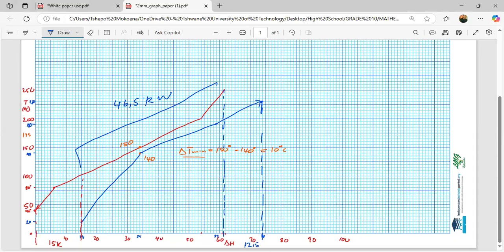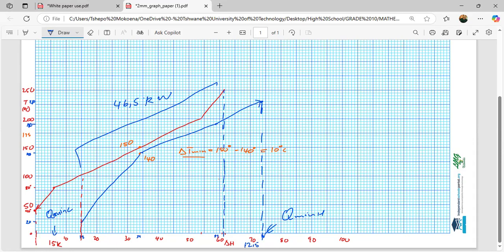This first. On this side where we have 15, that will be our QC minimum, or Q minimum C. And then this one, which is 12.5, this will be Q minimum H. This is hot.